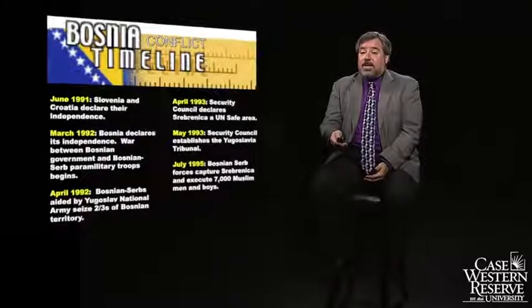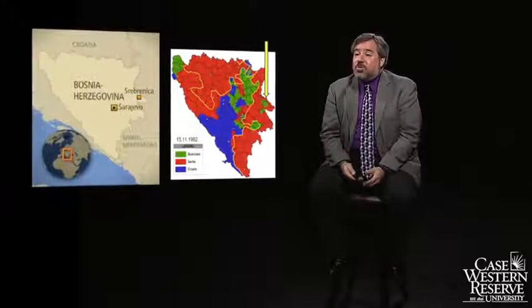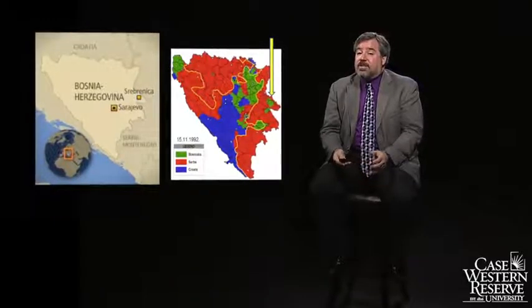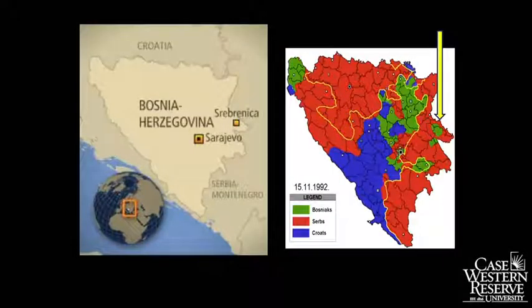Now, in our simulation, these are just maps to show you what's going on in Bosnia so you can understand the context. So Bosnia is in the southern area of Europe. It's in between Croatia and Serbia. And if you look at the map on the right, you see the ethnic makeup of Bosnia in 1995 when the Srebrenica massacre occurred.